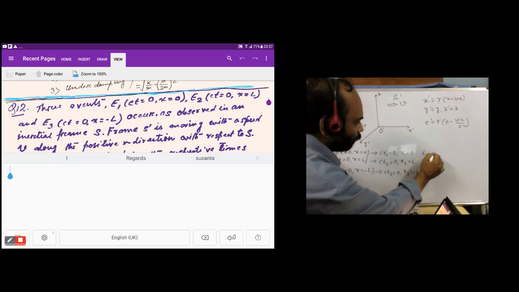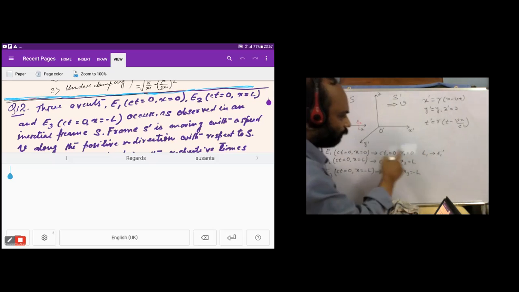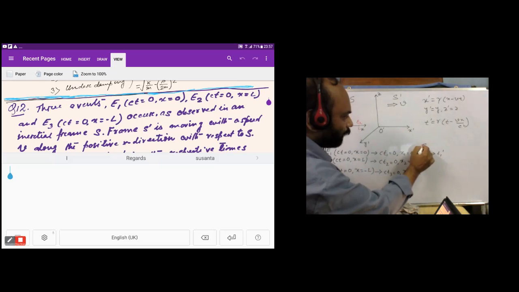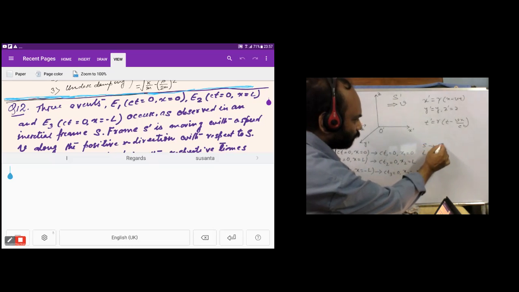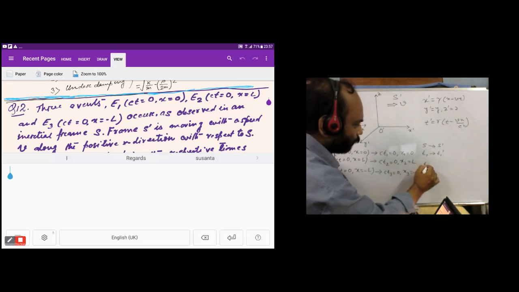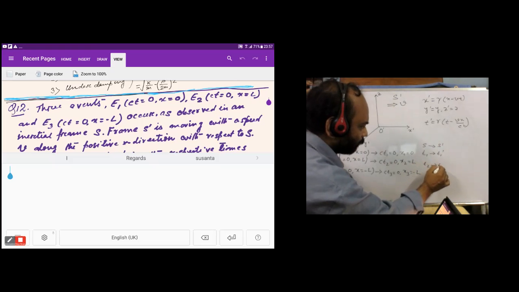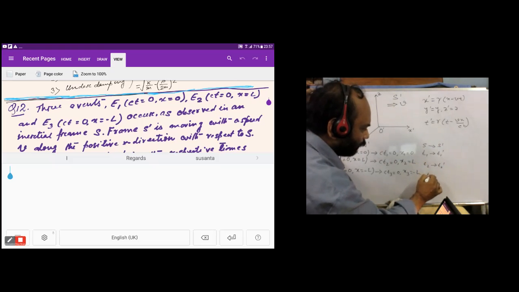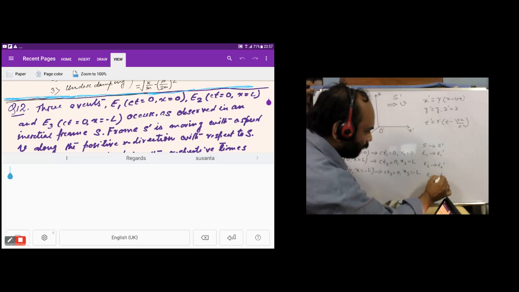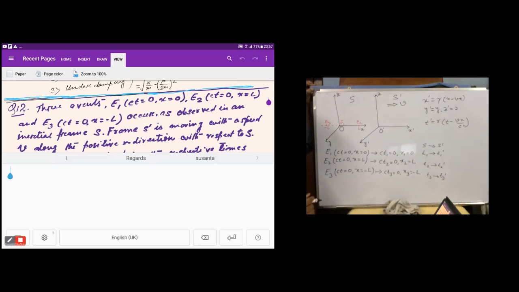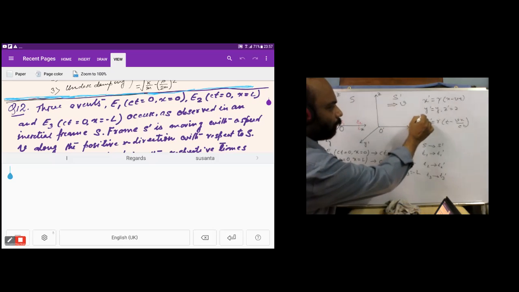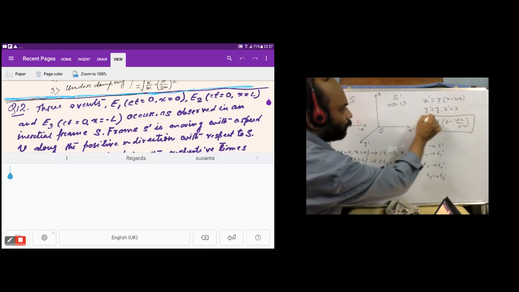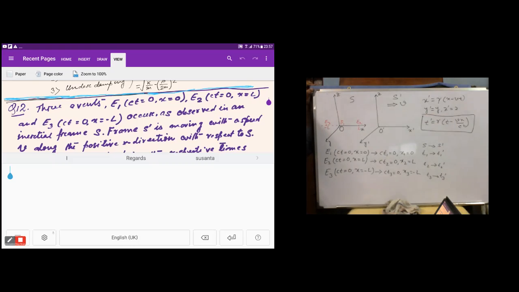T1 to T1 dash for event E1, so S to S dash we are transforming, T2 to T2 dash, and T3 to T3 dash. So since we are dealing with the time, therefore we will be using the time transformation relation, which is T dash equal to gamma (T minus Vx by C square).